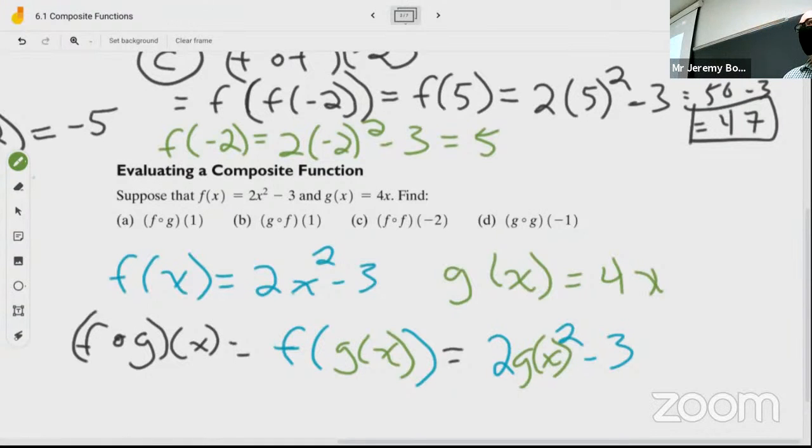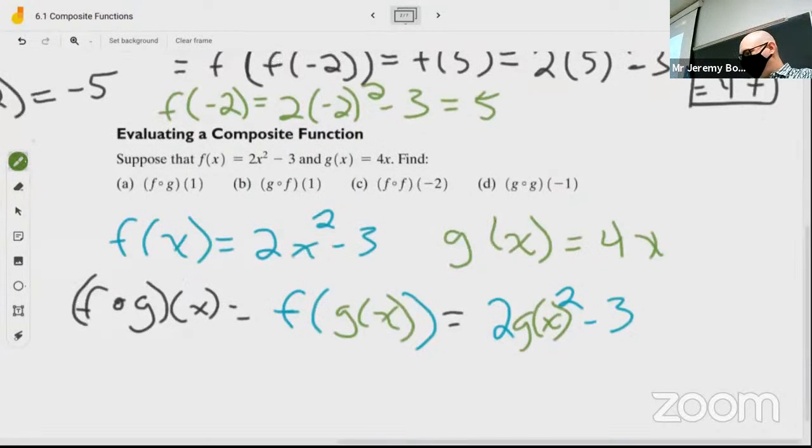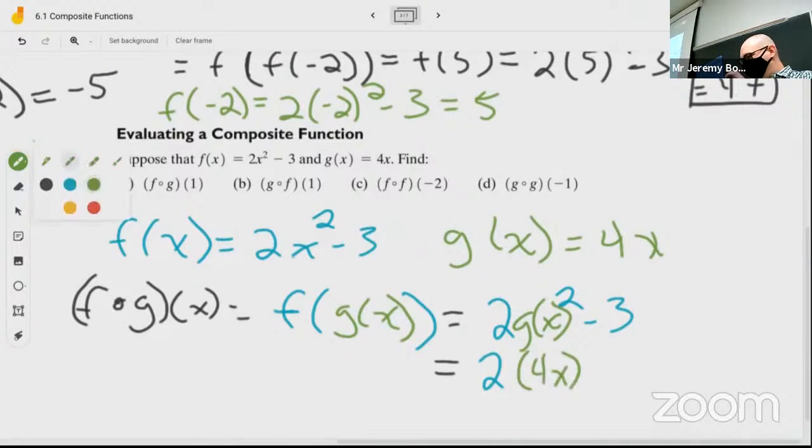Any questions on that? What is g of x? It's 4x. So let's write it that way. So it's going to be 2 times 4x squared minus 3.